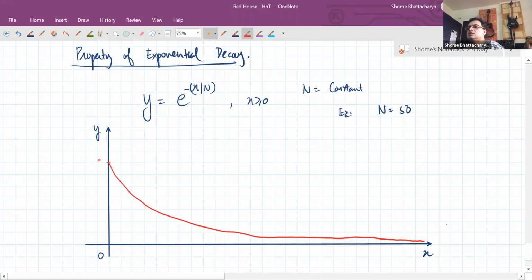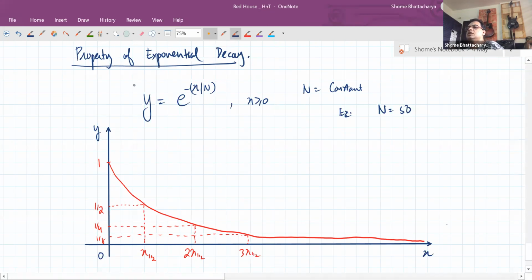So it starts from the value 1. Now it becomes the value exactly half at a certain value of x, let's call that x half. Then it becomes 1/2 of that. That means it becomes 1/4. Now that value is exactly double of this value. And then it becomes 1/8, and so on and so forth, at a value of x equal to 3 times x half, and like this.